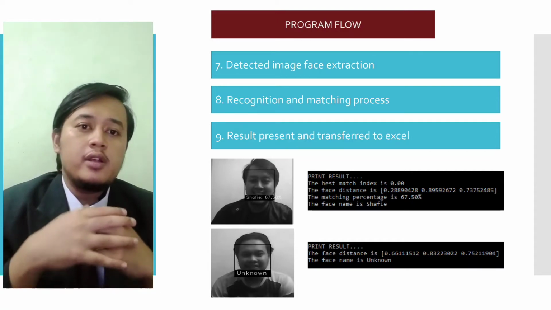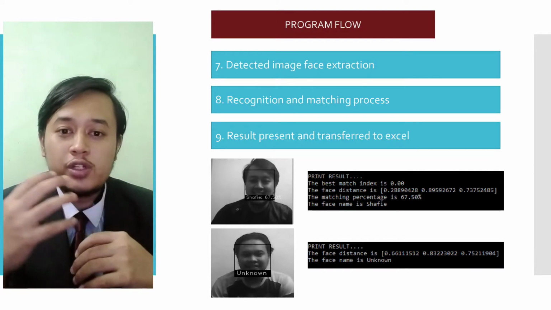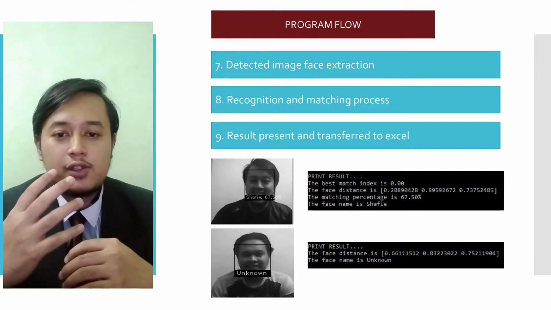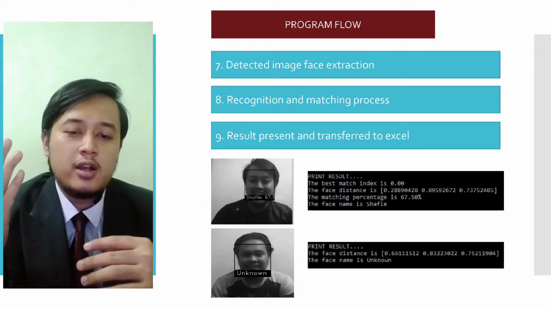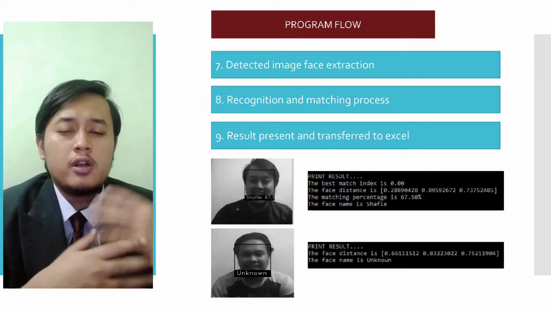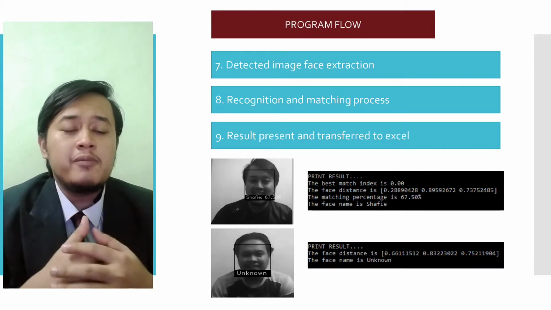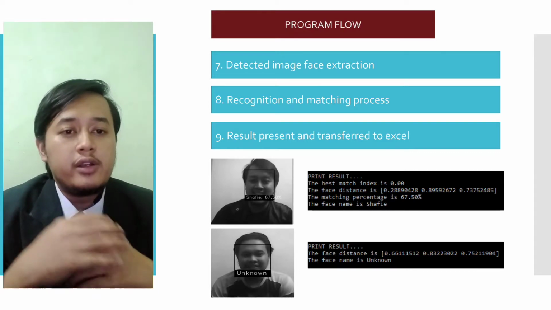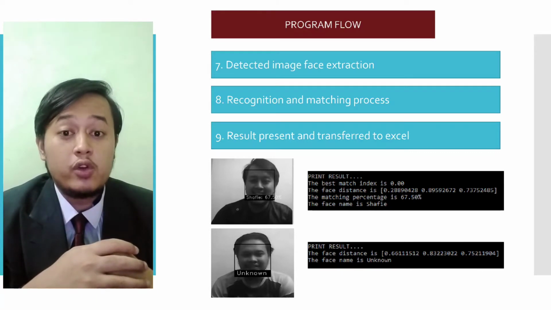After that, the detected image will go through the same process as the previous master images, which is face extraction. The face encoding will be generated, then the recognition and matching process will occur.